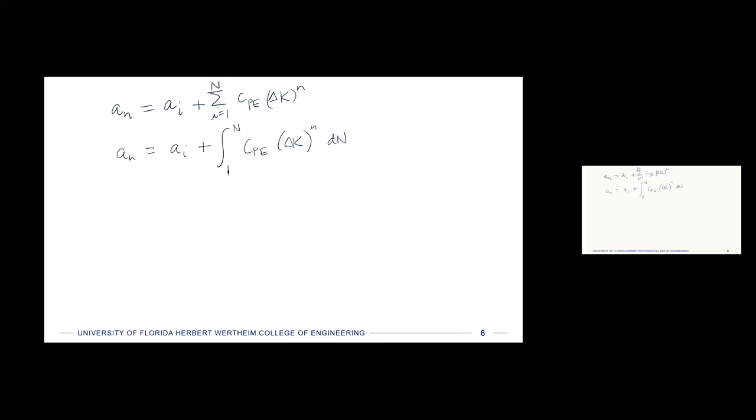Okay. This, as I mentioned, only applies to the region 2 or stage 2 crack growth.